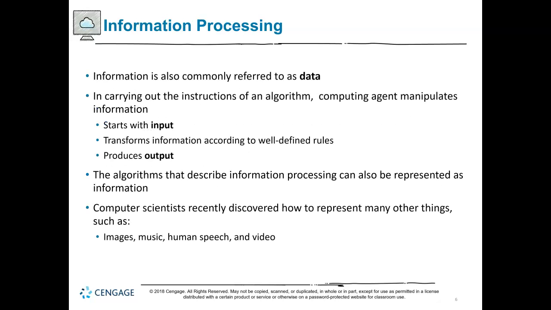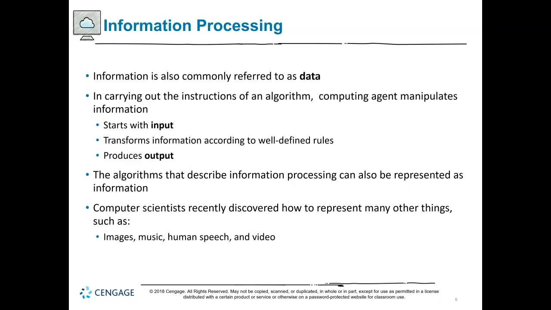This information that we're going to work with, a lot of times we also have a term called data. You've heard that term before, but we also have some other things we need to work on. Typically, our computer works with the idea of something coming in, some kind of process that occurs, a transformation, and then we get something out.